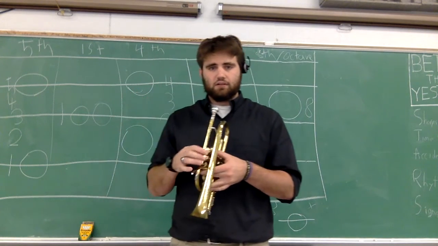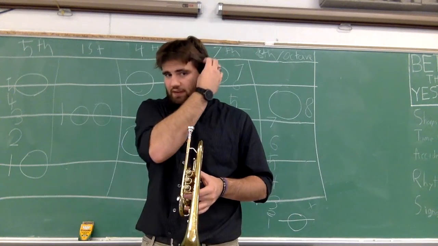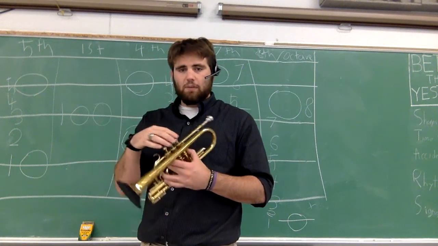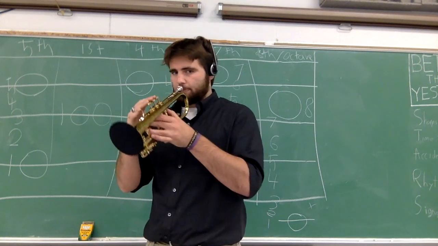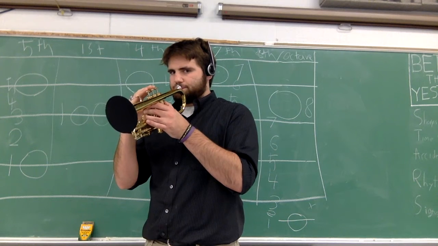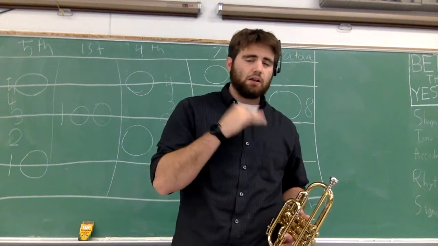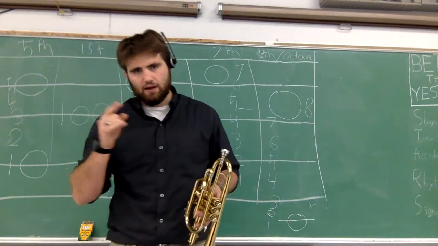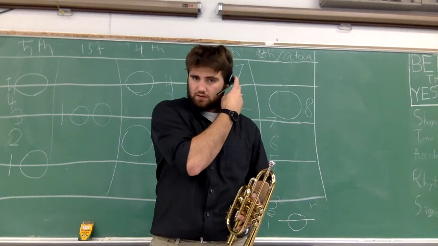There's the high note. I want you to tell me what sound. I'm going to play my low C and then I'm going to play my high C. Now notice I said my low C and my high C. Remember we talked about the musical alphabet continues?